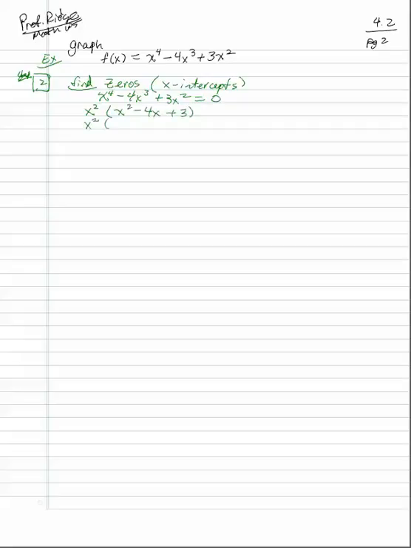Factors of 3 that add to 4: it's 3 and 1, they're both negative. So x equals 0, x equals 3, x equals 1, and I'm going to note multiplicity. So that's 2, 1, and 1. Okay, so my x-intercepts are 0, 3, and 1.